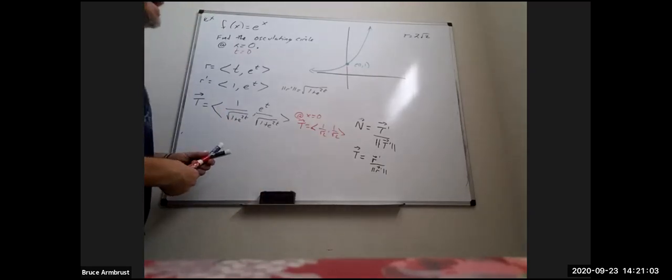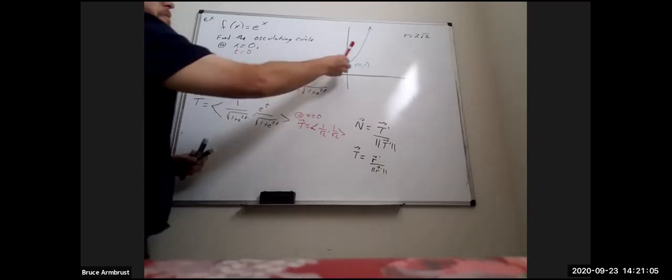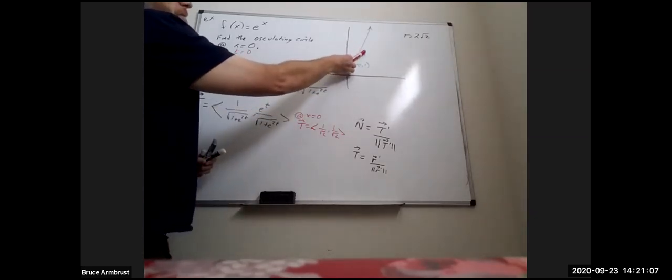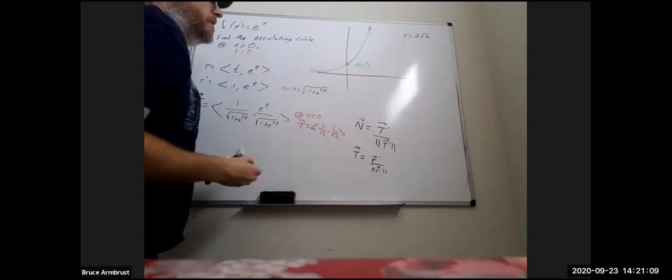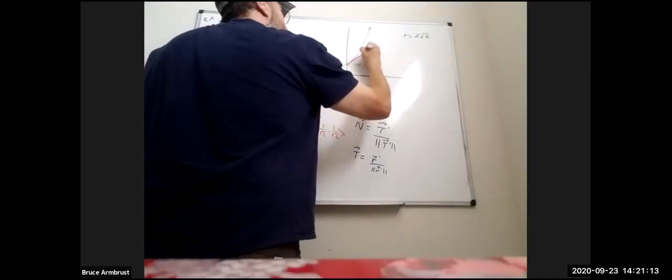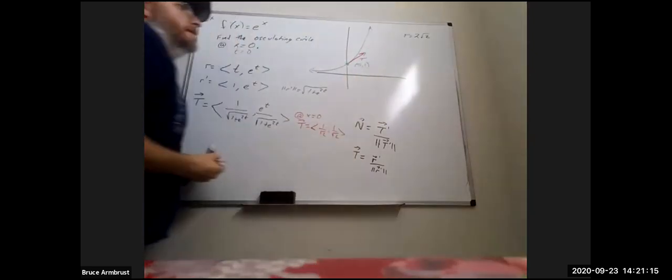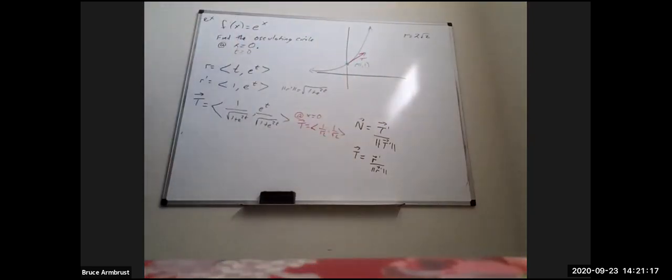So that one, the x and y coordinates are the same, which means it's going this way. So T looks like this.